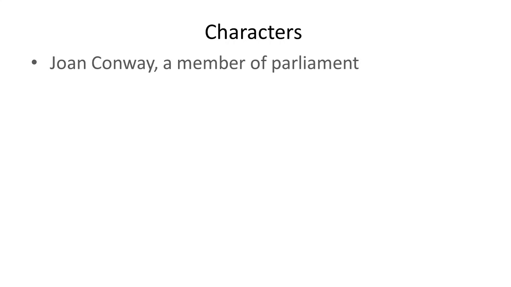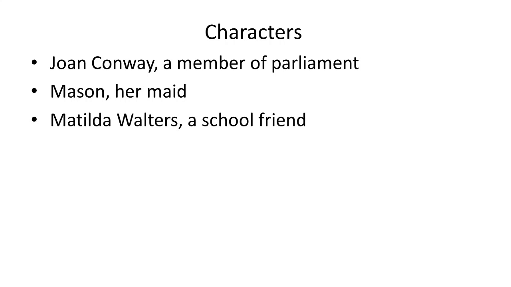In this play, Fail Not Our Feast, there are four characters, and Joan Conway is one of the important characters, and she is a member of parliament. Then her maid is Mason, or servant.